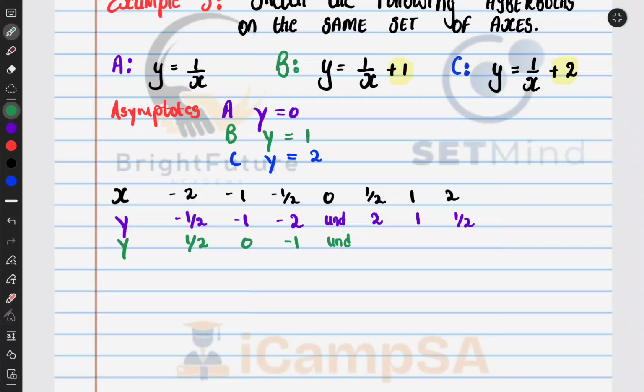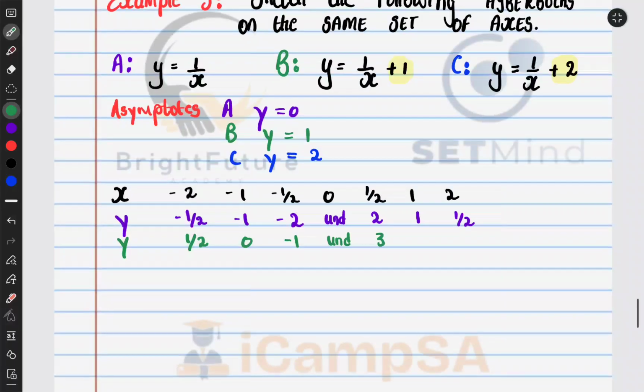Let's punch in the calculator. 1 over 1 over 2 is 2, plus 1, it's going to be 3. 1 plus 1 is going to be 2, and then 1 over 2 plus 1 is 3 over 2, which is 1.5.